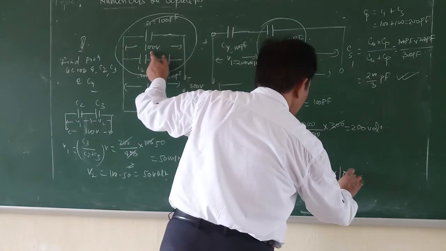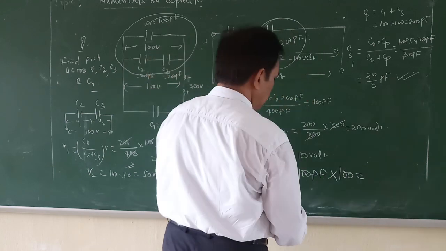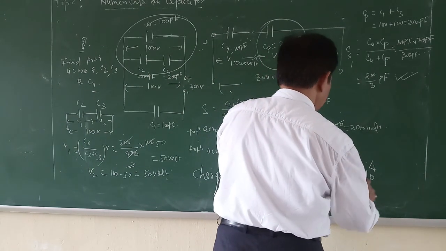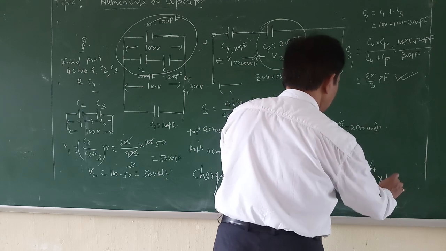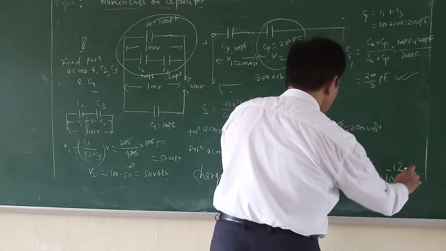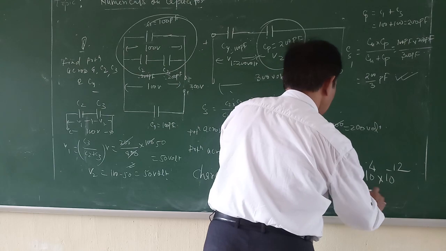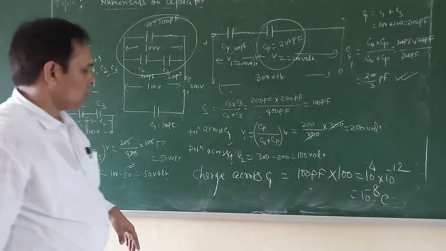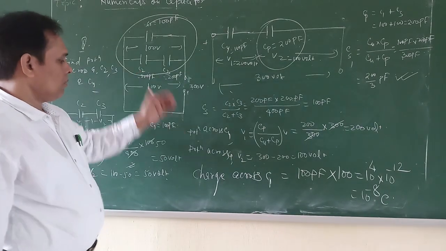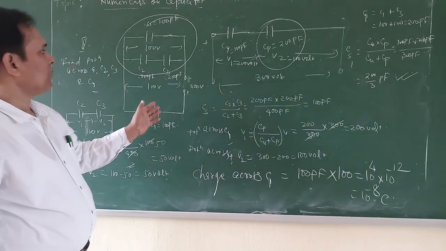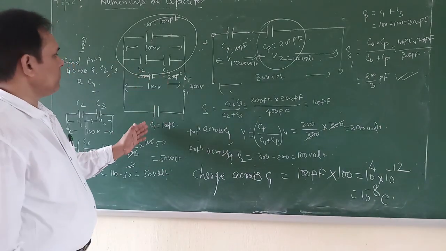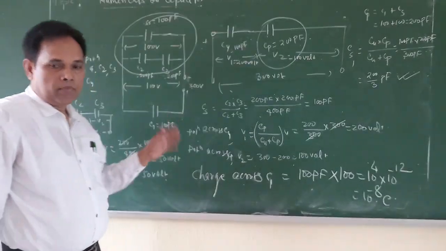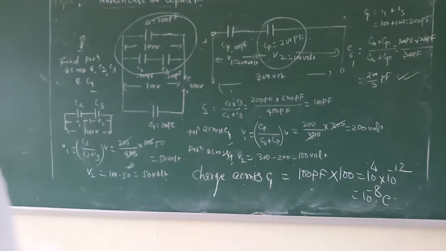So this is 100 into 100, so you are getting 10 power 4 picofarad, meaning 10 power minus 12. So that becomes 10 power minus 8 coulomb. So in this way you will get the charge across each capacitor, C2, C3, C4, because capacitance and potential both are given. No doubt on this.